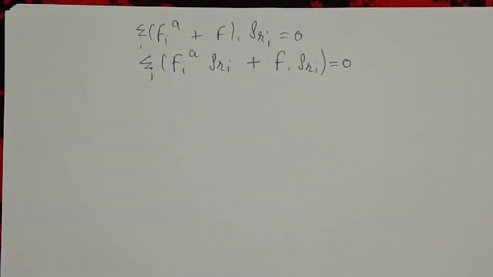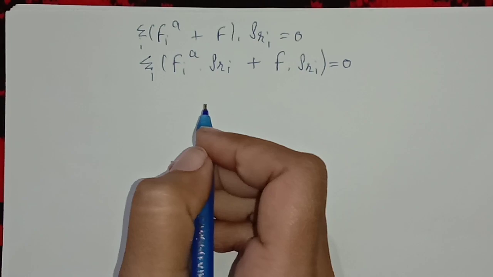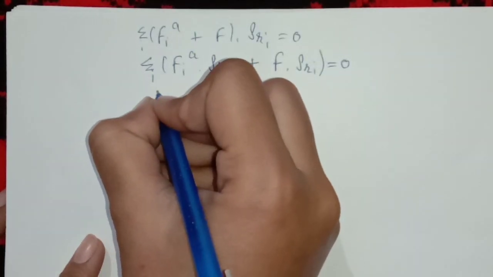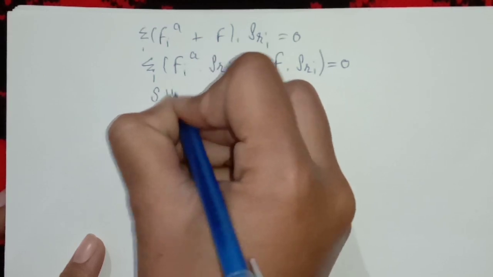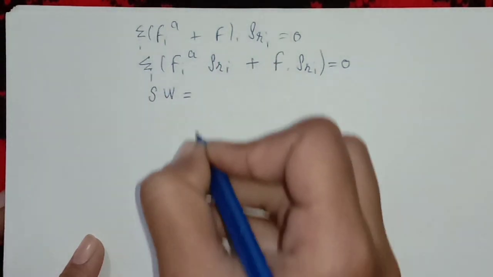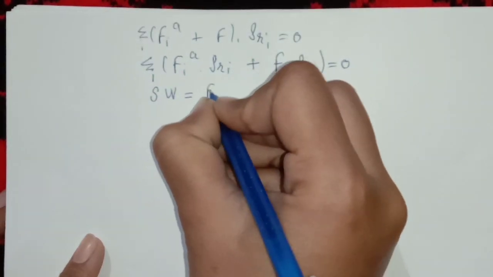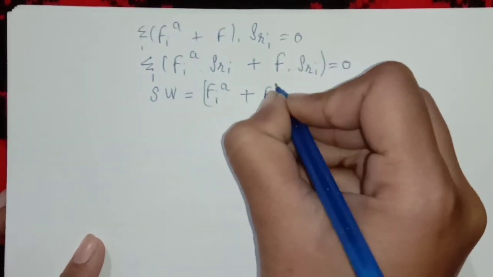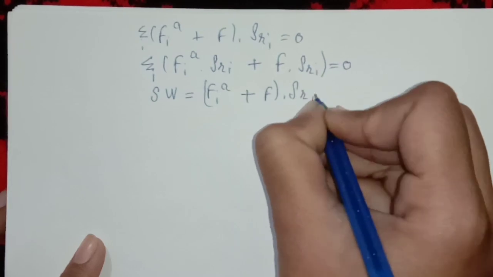Next we get delta W, which is our small work, equal to Fia, which is applied force, plus constraint force, dot delta Ri.